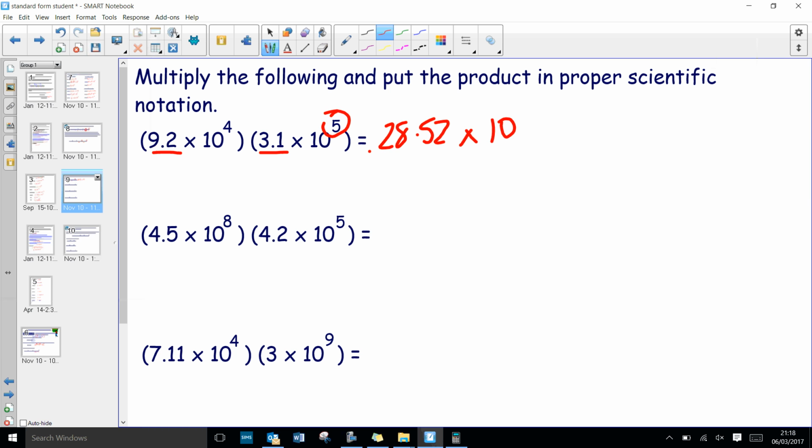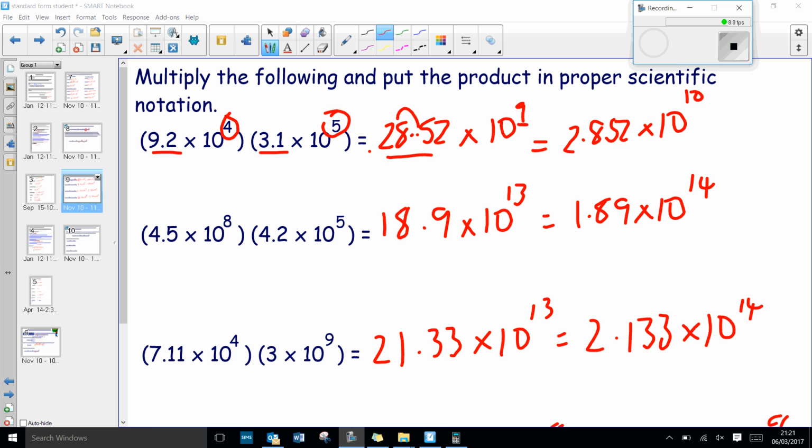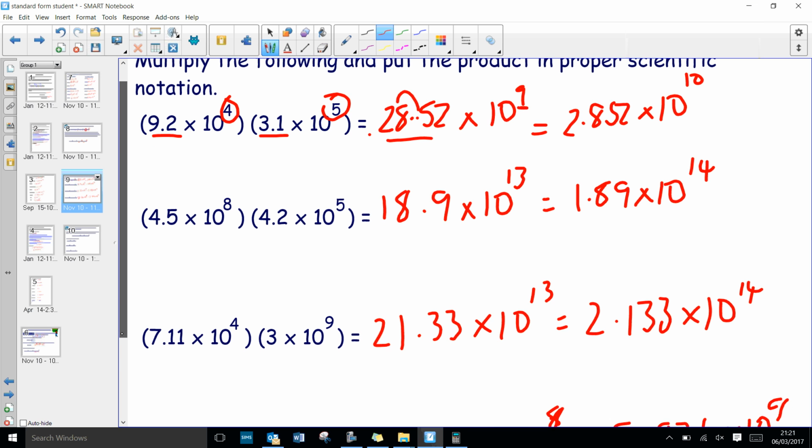We add them. So this would be 10 to the 9. Now, this number is too big, so we have to move our decimal point back one place, which means we're going to increase our power by 1. So this is now going to become 2.852 times 10 to the 10. Pause the video and check your answers after. Okay, so you can check the other answers here now.